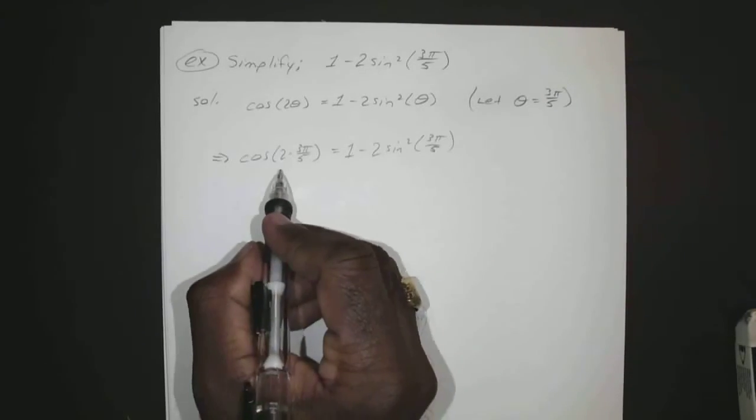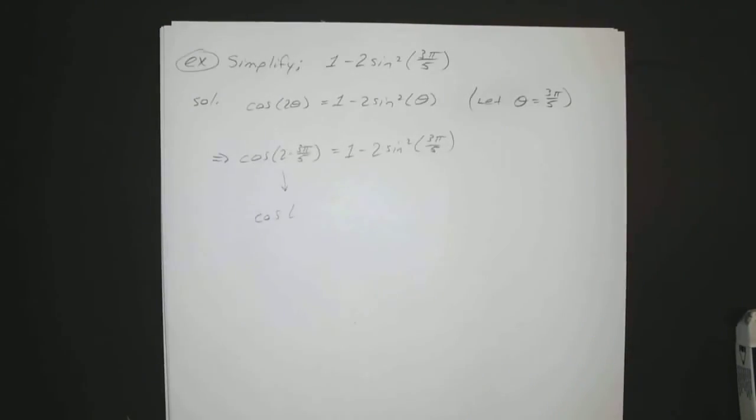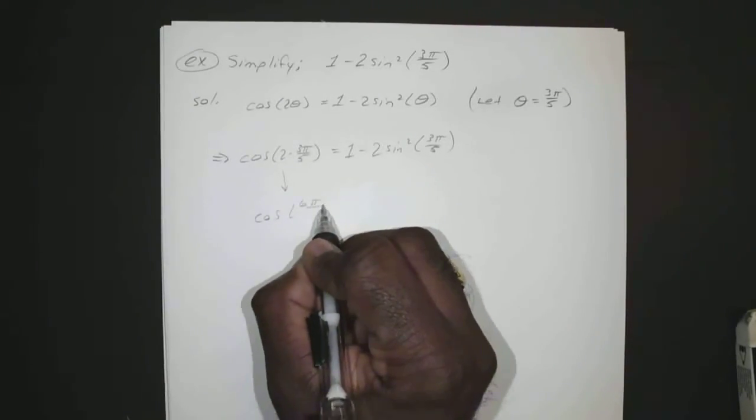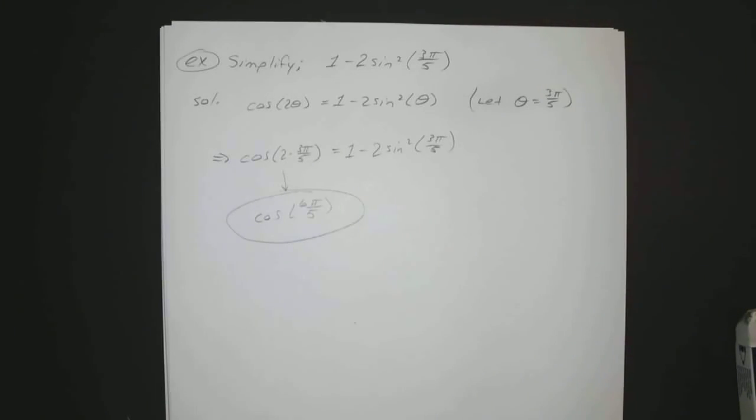Okay. So that means this is just equal to cosine of 6 pi over 5. So all we did was match up our right side, and our left side just simplified. So any questions on that one?